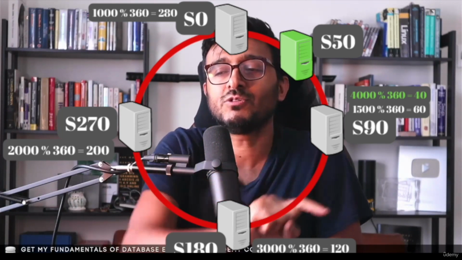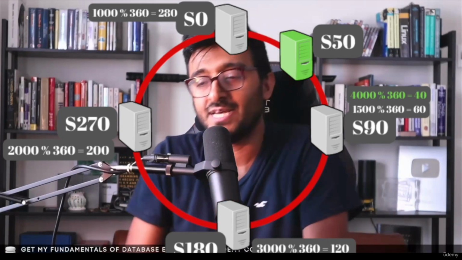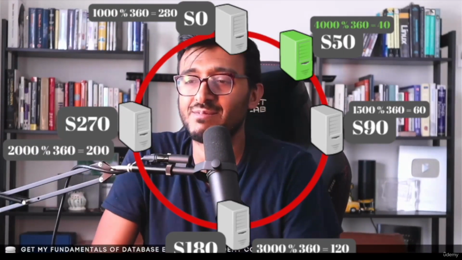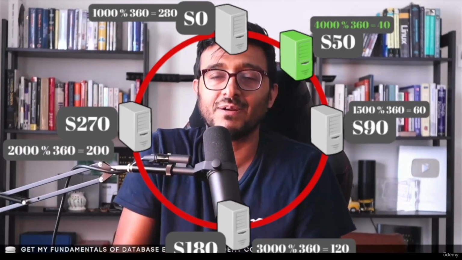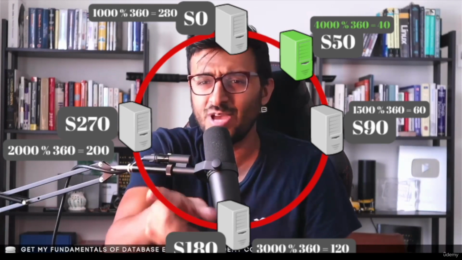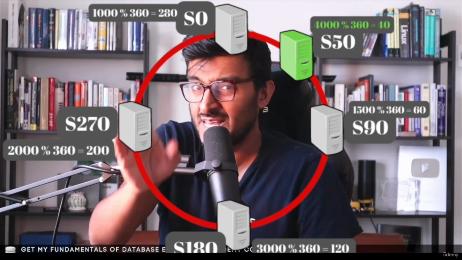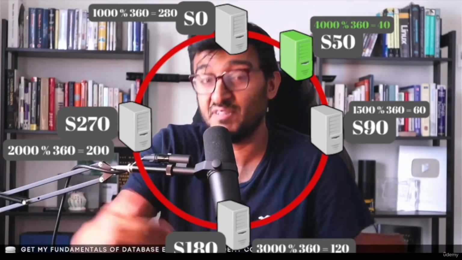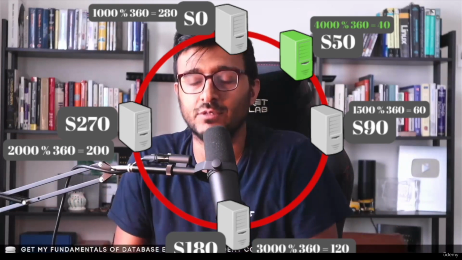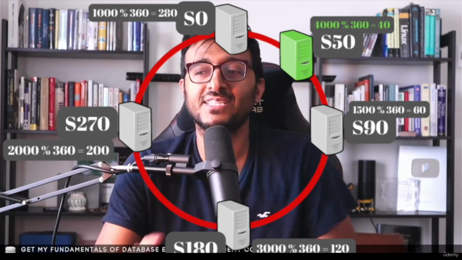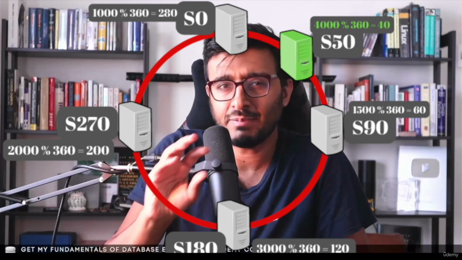So go ahead and talk to server 90, establish a communication, could be TCP, could be anything, and then start moving data around. Hey, it's 90, do you have anything with a hash value that is less than 50, which is me? Oh yeah, I have this value. Move it to me. And as a result, we just established the data here.